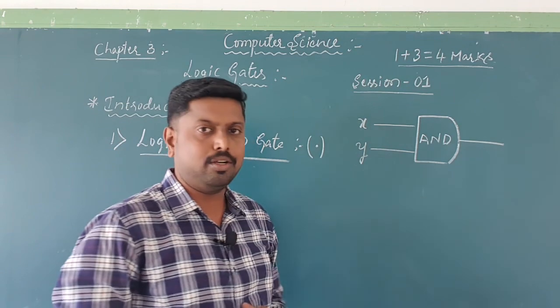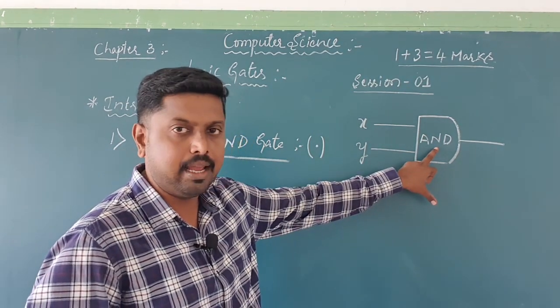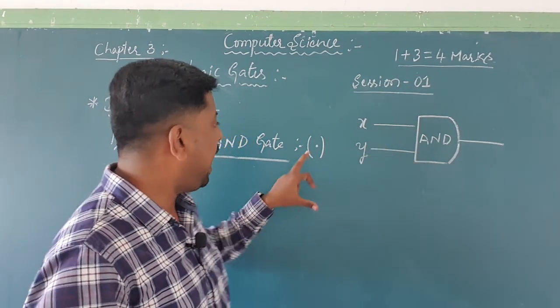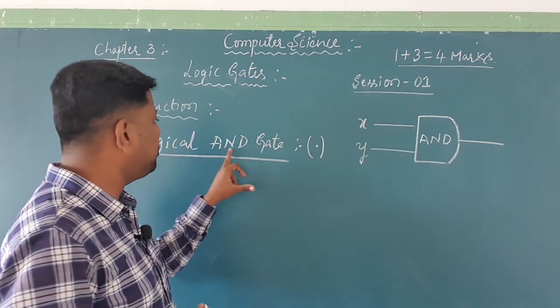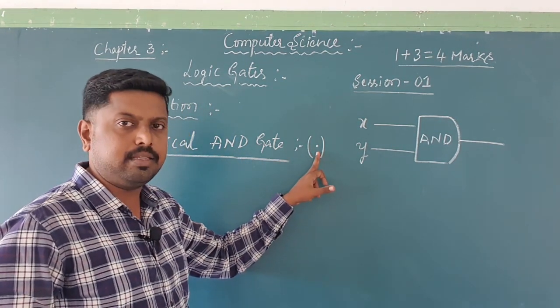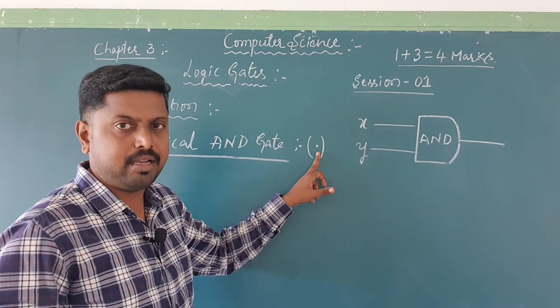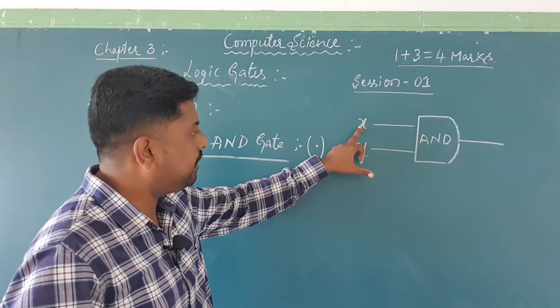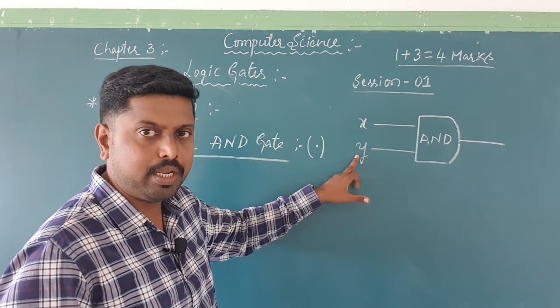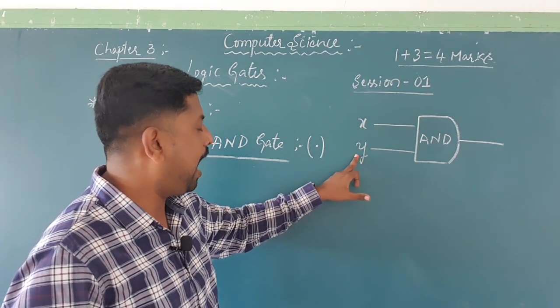X and Y are the two inputs. As I said earlier, the operation of the logical AND gate is multiplication, represented with the operator dot.